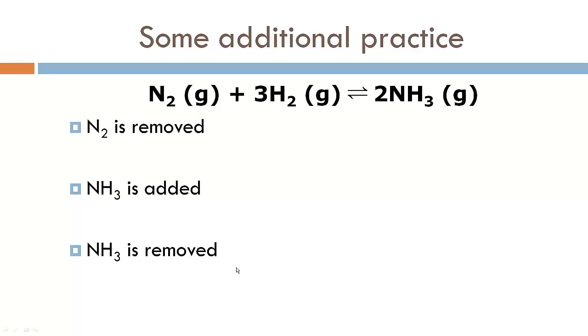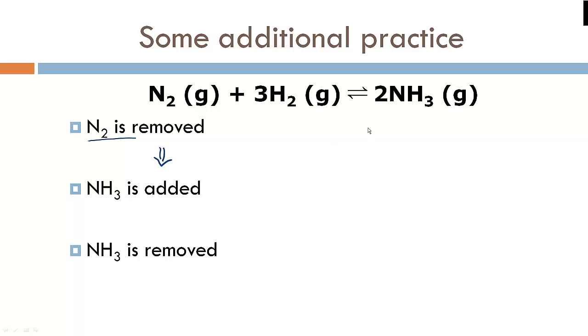So the first question says, N2 is removed. So try to predict the direction of the shift, the change in composition as a result of the direction of the shift. Okay? So hopefully you came up with: N2 is removed, so that's this.